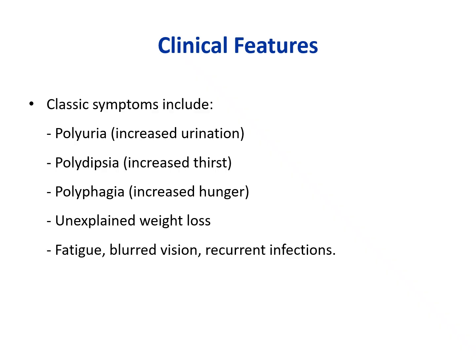Polydipsia is increased because it is related to the polyuria: more urine means more water lost from the body. That's why they feel increased thirst, and polyphagia. Polyphagia is also seen in diabetes; they feel more hunger and want to eat more.